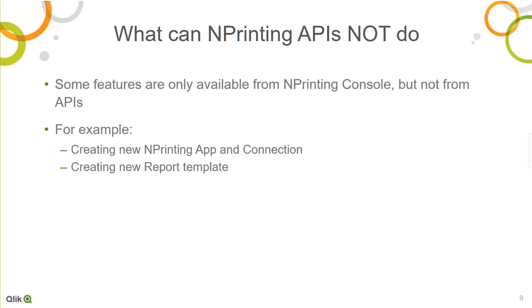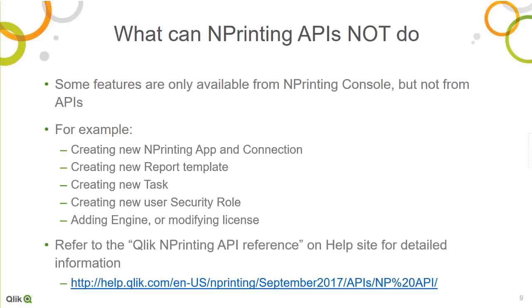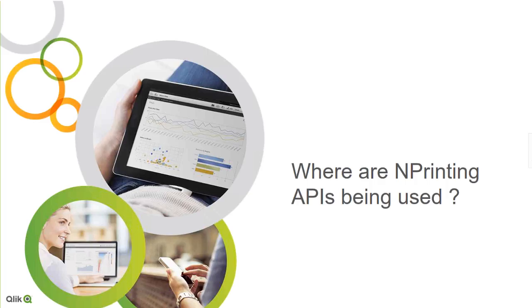You cannot create a new task, or create new user securities, or add engines or modify the license. Those kinds of things are not enabled yet for you to do through the APIs. For the latest and detailed information, please refer to the API reference on the Qlik help site. Here's a link for the help page where you can find the reference menu.